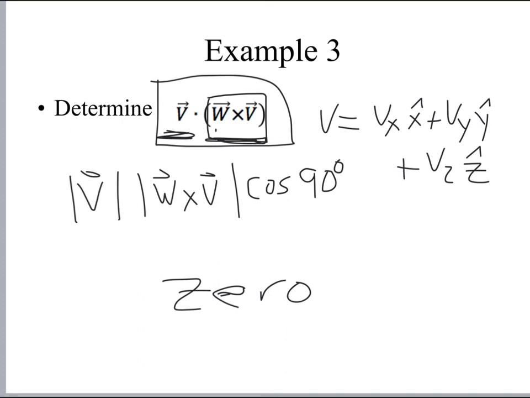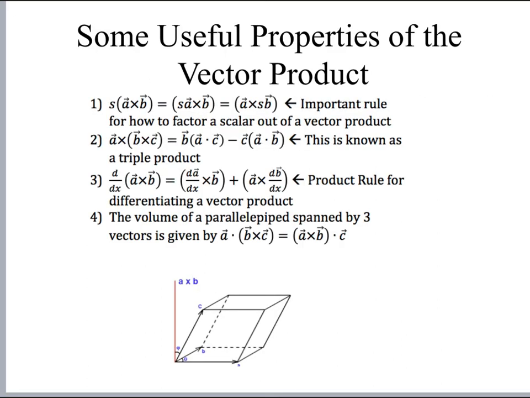Anyway, those are some examples on the vector cross product. Now, on the next slide I want to go over again some of the properties that we see. So again, if S is a scalar, we can have S multiplied by the cross product A cross B. This is a little bit weird, but it's an important rule. If I bring the scalar inside the parentheses, it doesn't get distributed to both of these.